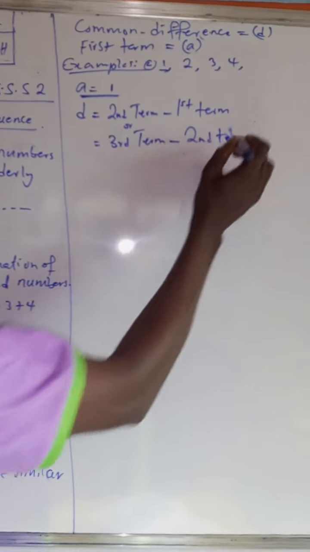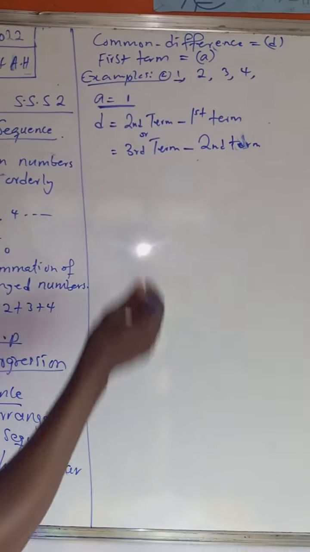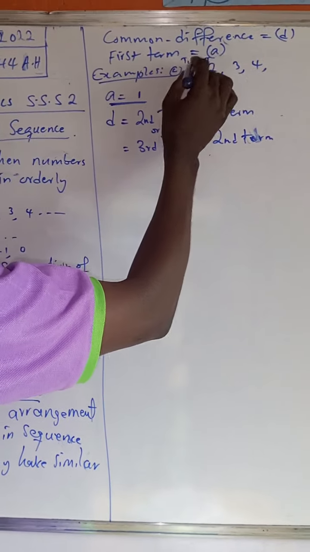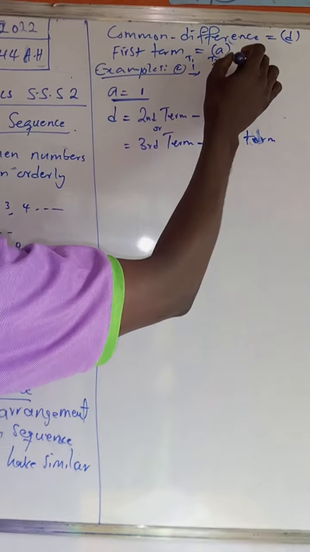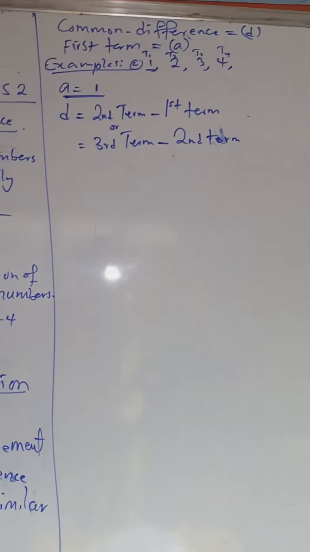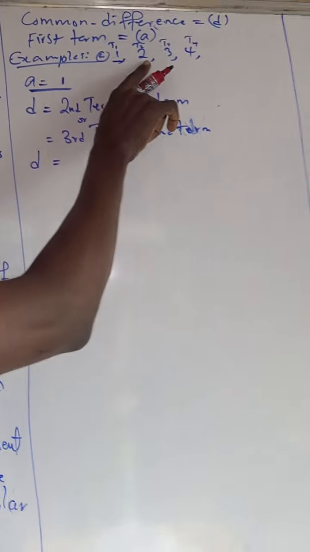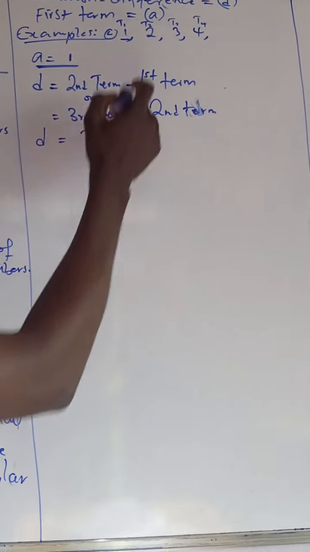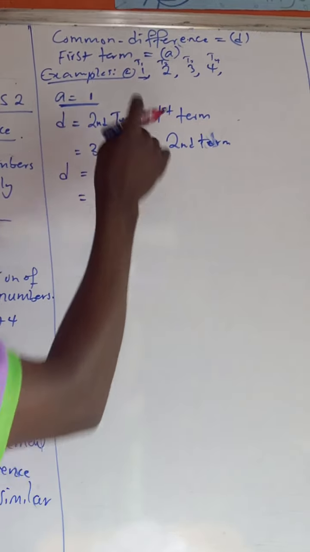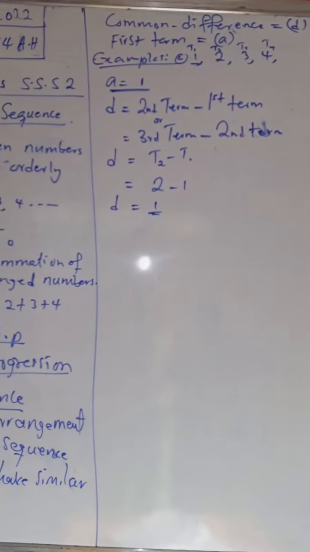So according to this series, this is T1 the first term, T2 the second term, T3 the third term, T4 the fourth term. To get my difference, I could use any of them. Second term T2 minus T1: my T2 is 2 minus 1. So my common difference is 1.